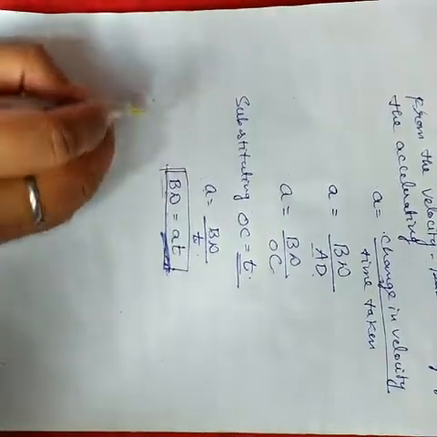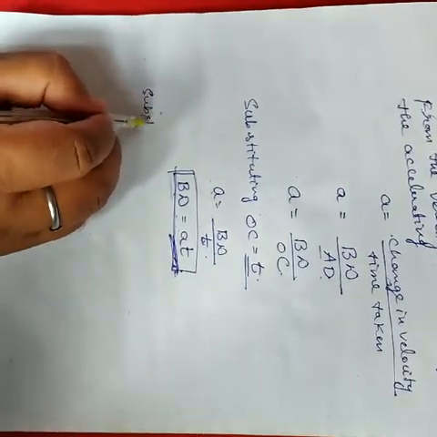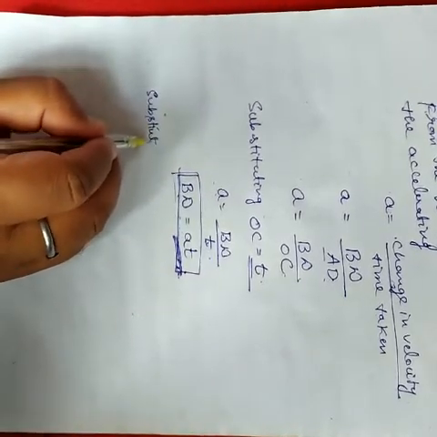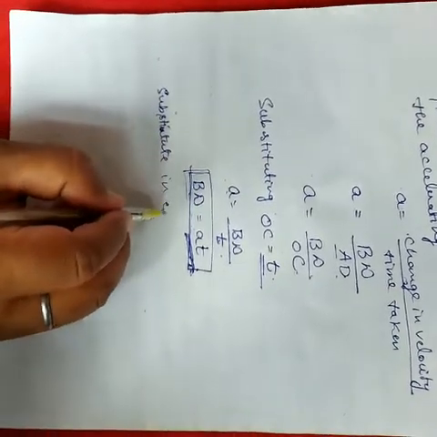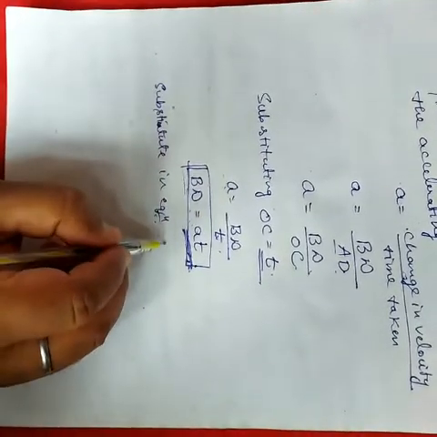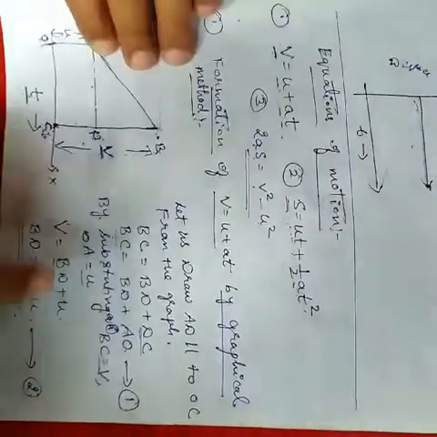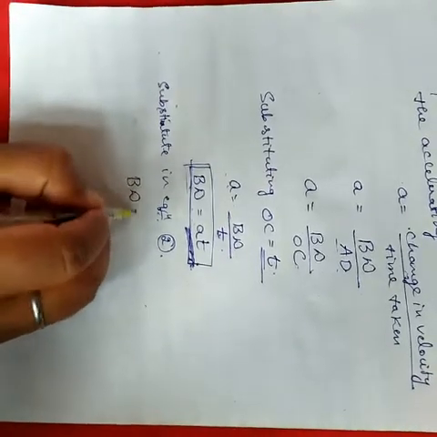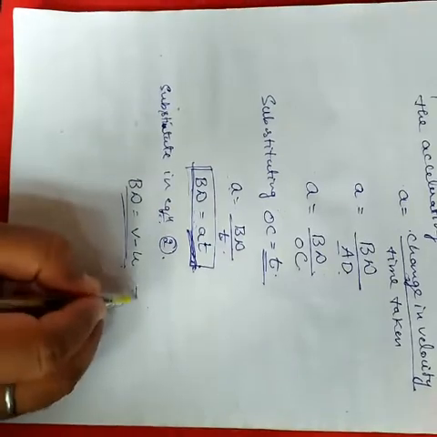Now substitute BD in equation number 2. Okay, you know that equation number 2 is BD is equal to V minus U. BD is equal to V minus U. This is equation number 2.